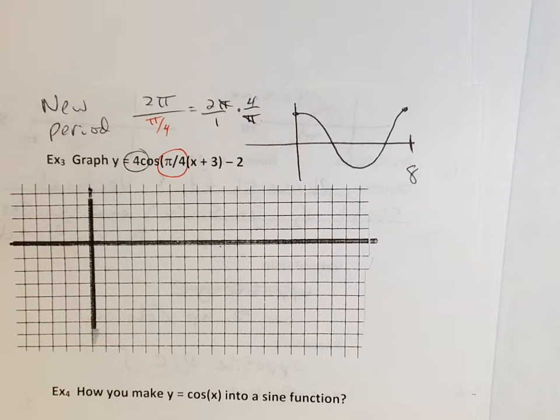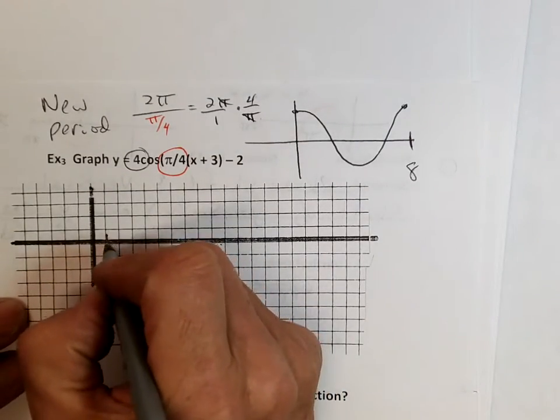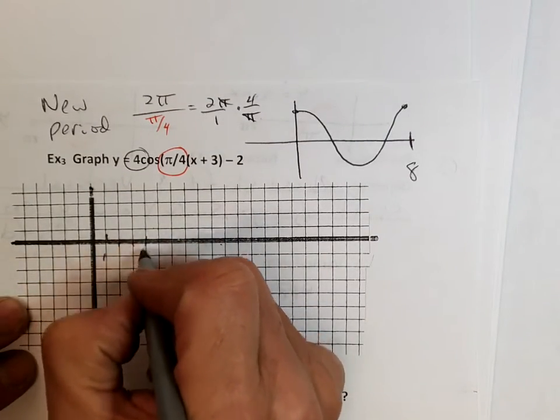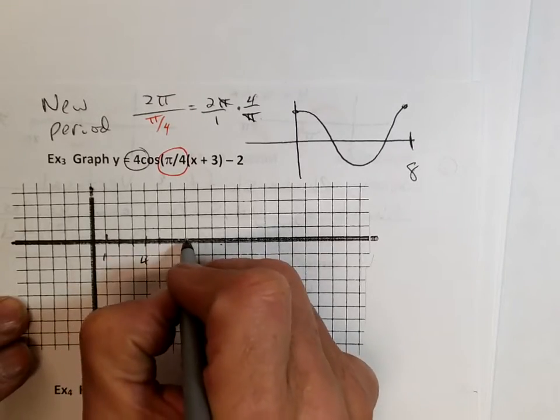Because in a real life problem, the x-axis is going to be in terms of seconds or time. And you're going to have numbers like half a second, 1 second, or 2 seconds in science, not pi's. So we're going to go by ones: 1, 2, 3, 4, 5, 6, 7, 8.